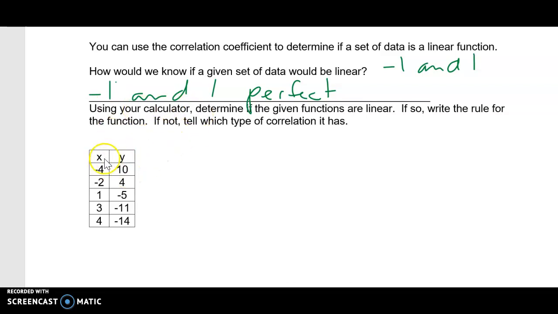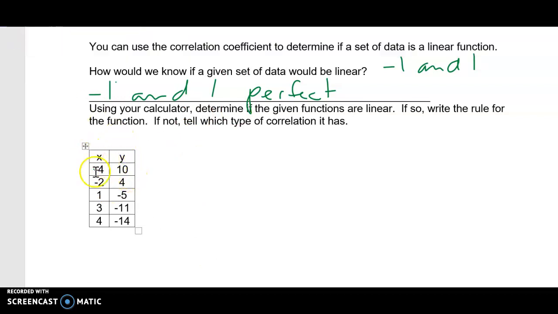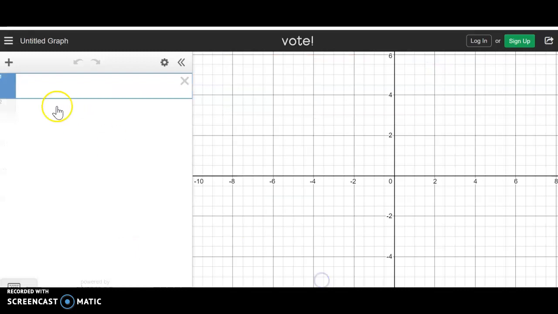So using the calculator, what I'm going to do is copy this information. I'm going to copy that data, add it to a table.